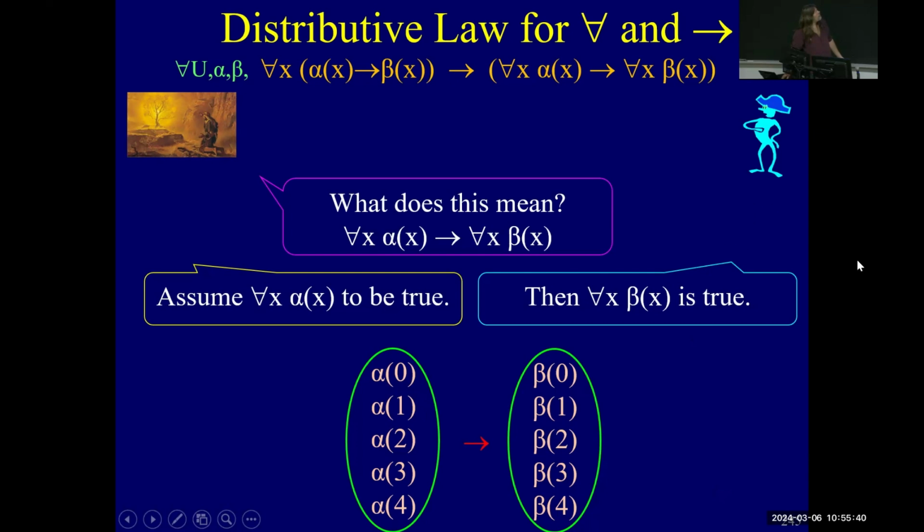Suppose I told you this statement here, and I told you that alpha is true for 0. What does that give us? Does it give us anything? Come on, guys. We got one little nod. How do you get that, though?